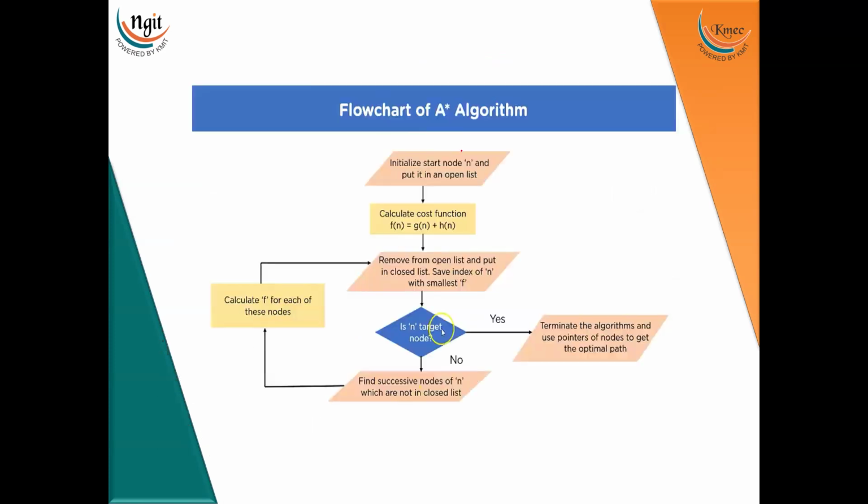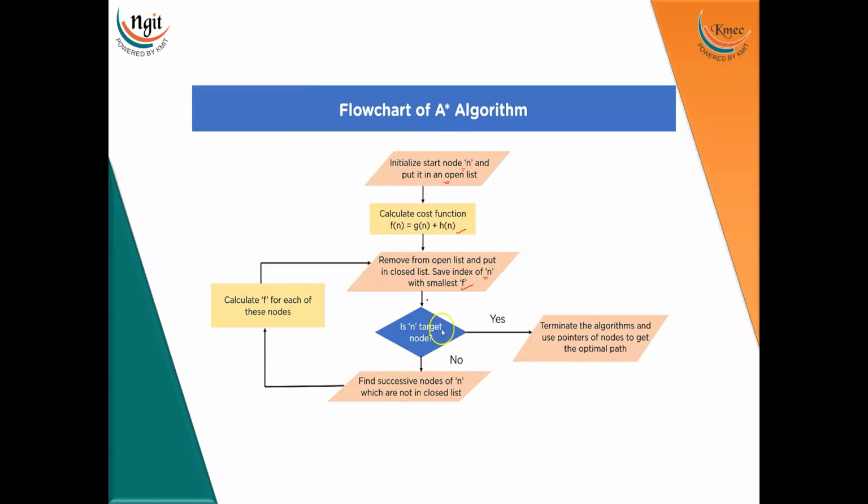Let us have a look at the flowchart of the A-star algorithm. We first initialize the start node n and put it in the open list. Then we calculate the cost function, f of n equal to g of n plus h of n, then remove it from the open list and put it in the closed list, and save the index of n with the smallest value.